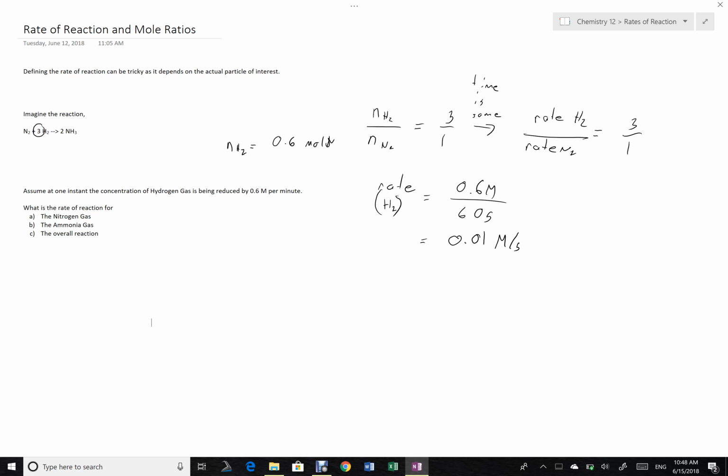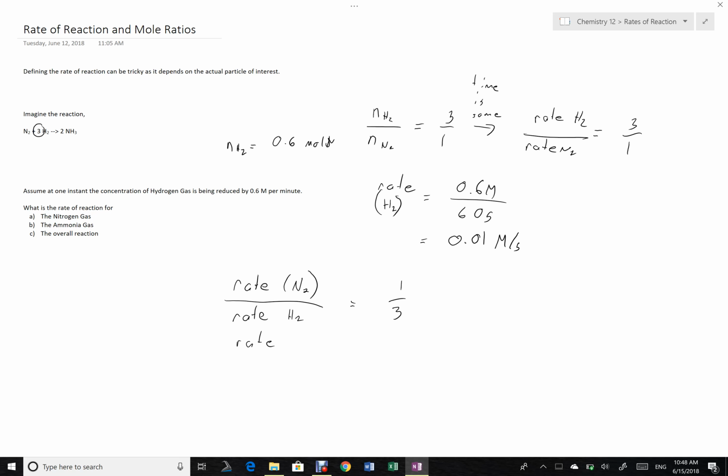So, for example, if I want to find the rate of consumption of nitrogen gas, and I have that of hydrogen, I can say that the rate for nitrogen gas versus the rate for hydrogen gas is in a 1-to-3 ratio.